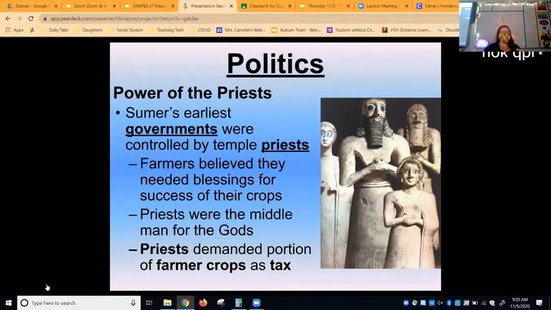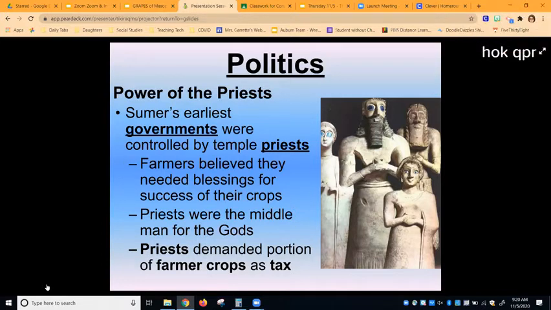And they believed that the only people that could really ask for this blessing and say the prayers and give the sacrifices to the gods were the priests. So the priests were the middleman, the go-between for the average people and the gods.